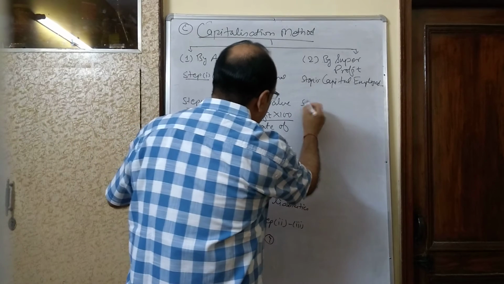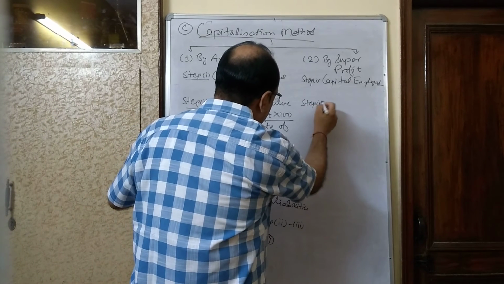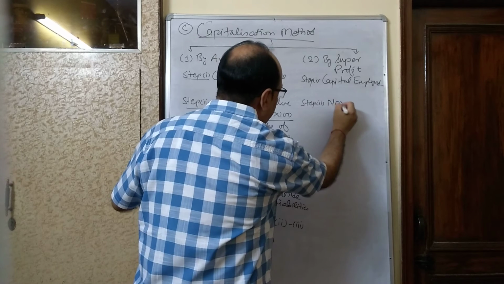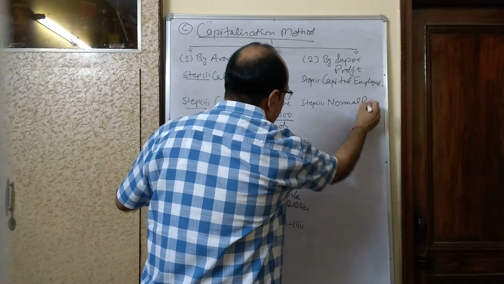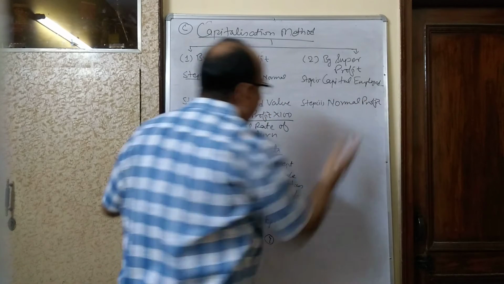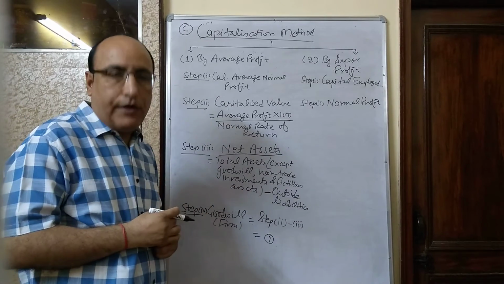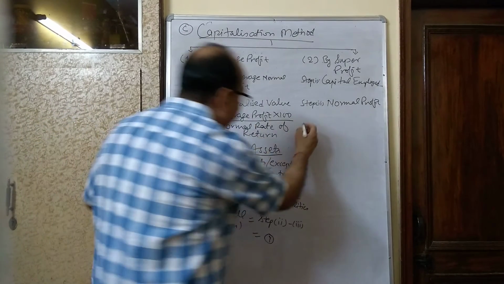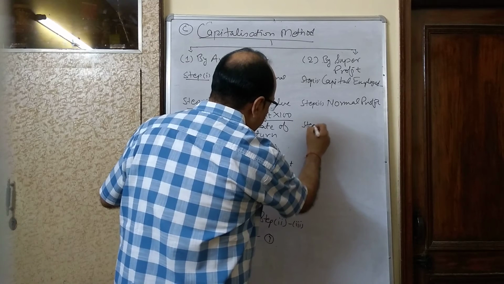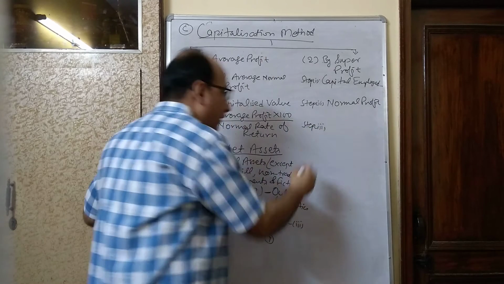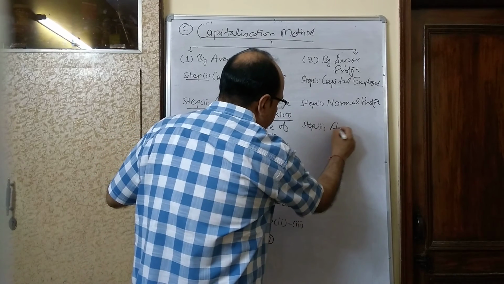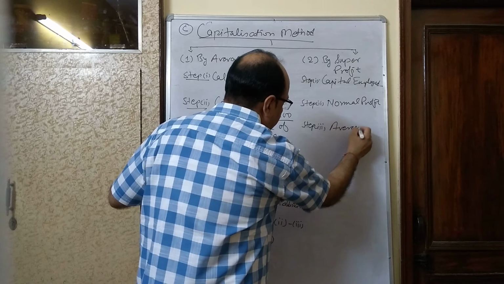Step 2, we have to calculate the normal profit. What we calculated in the previous super profit method: capital employed multiplied by normal rate of return. Same will be there. Then step 3, average normal profit.